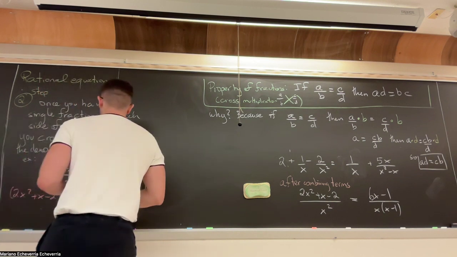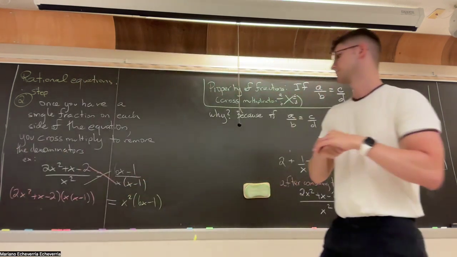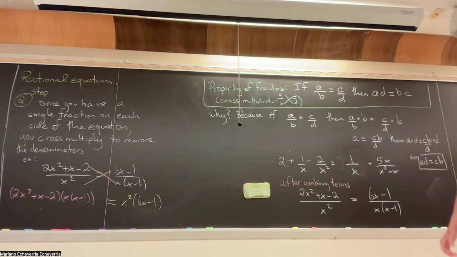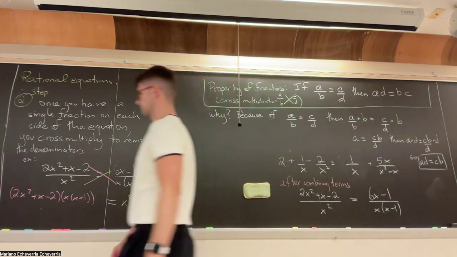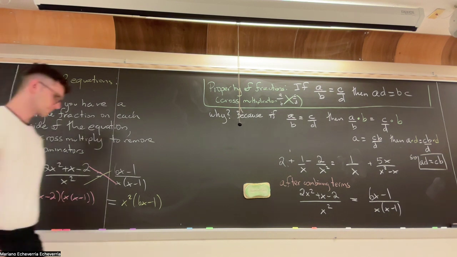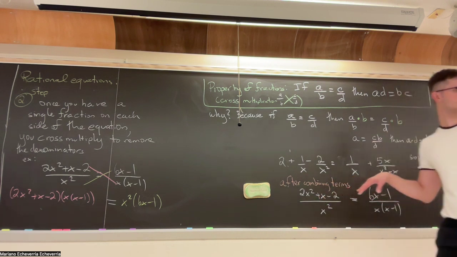You get x squared, that just takes it 1. That makes sense how I got to an equation without fractions.